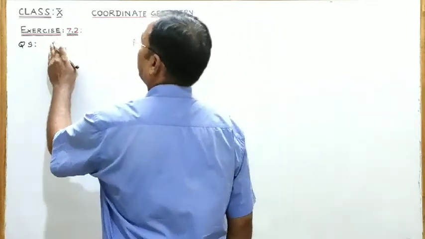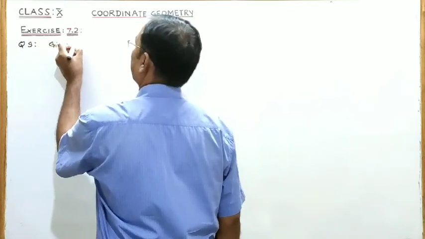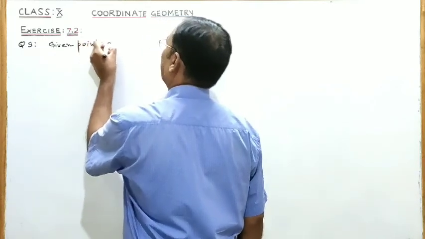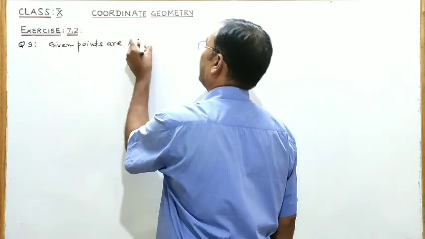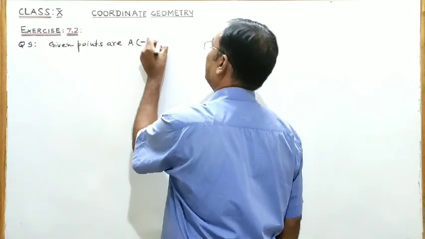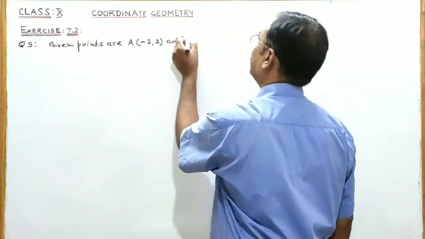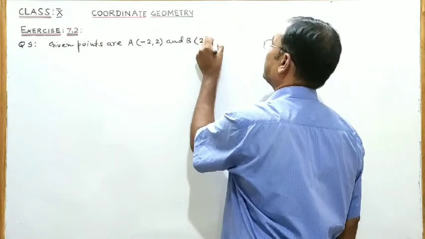So given points are A(-2, 2) and B(2, 8).